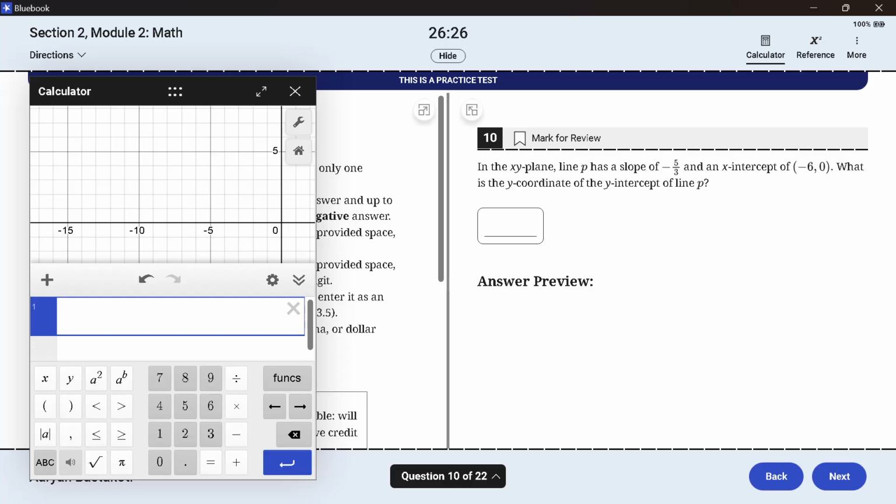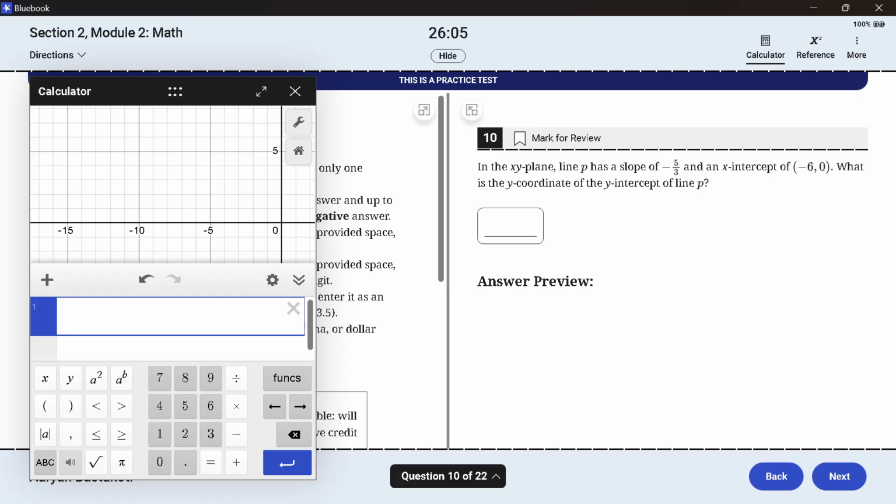This is the general equation when you have a slope and one of the points. So y - 0 = -5/3 (x - (-6)), which is -5/3 (x + 6). So y = -5/3 x + 6.